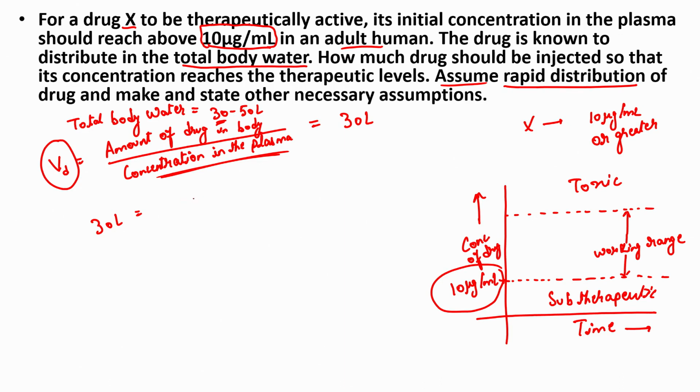So, what we can then do is just say that 30 liter is equal to the amount of the drug in the body, which is the total amount that we are injecting given its instantaneous distribution, and we are neglecting any elimination. So, let me state this. Here we are neglecting elimination, at least for the time frame that we are talking about here.